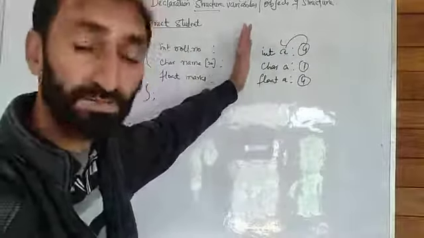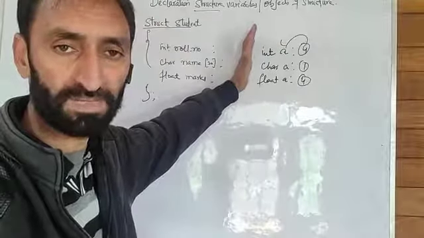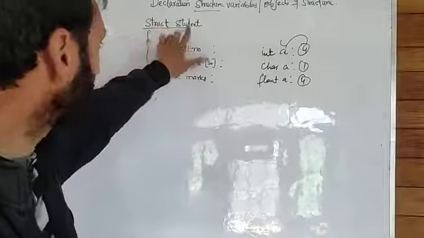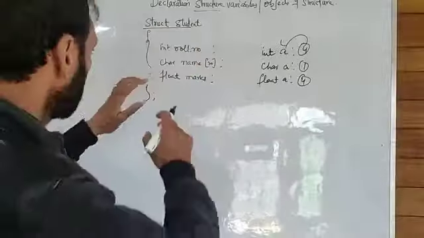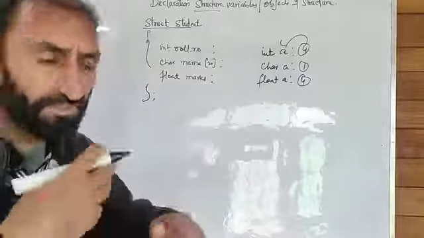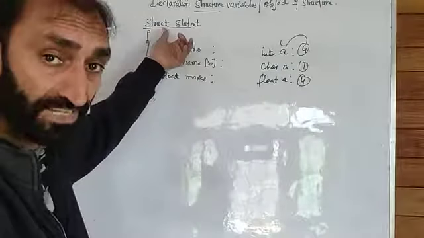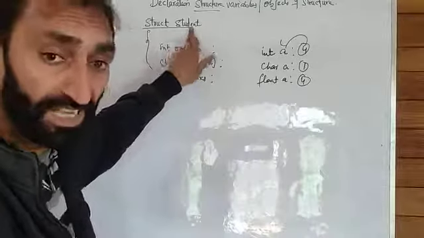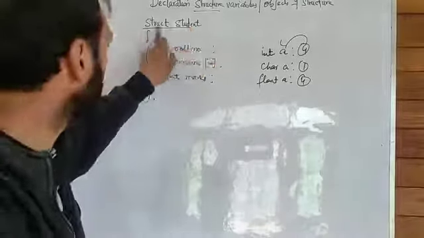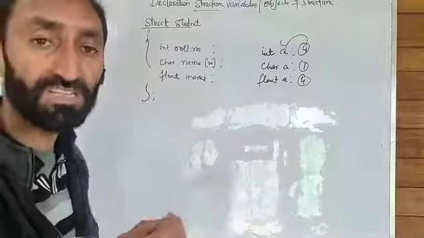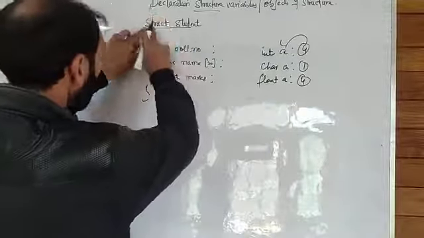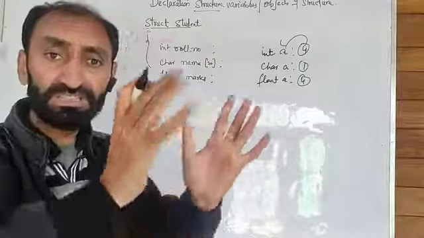These are all inbuilt data types, or you can say fundamental data types. But here I have declared a structure student, because to declare a structure we use the keyword struct. Struct is a keyword which is used to declare a structure, and student here is the tag, or we can say the structure name. So this whole struct student is the data type.